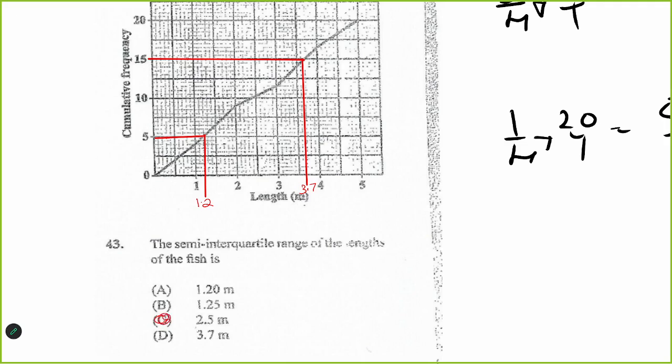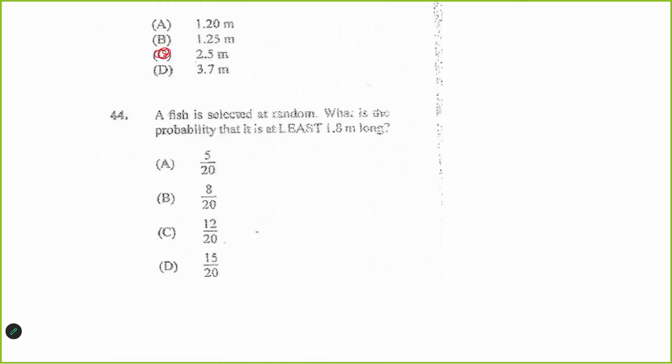Let's make this a little bit bigger. Right. Let's look at the next question. Wait, hold on. Is there another question below? If a fish is selected at random, what is the probability that it is at least 1.8 meters long?